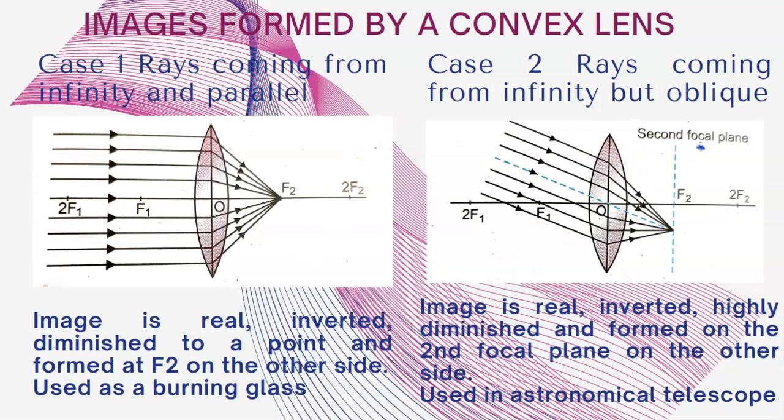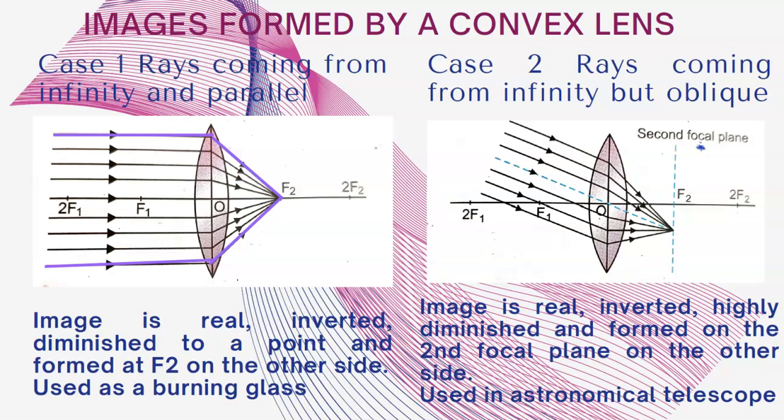So if we draw the rays coming from infinity and parallel to the principal axis, I consider two rays. This is the first ray. This is the second ray. After refraction, these rays are going to converge at a point F2 and thus form an image at F2.